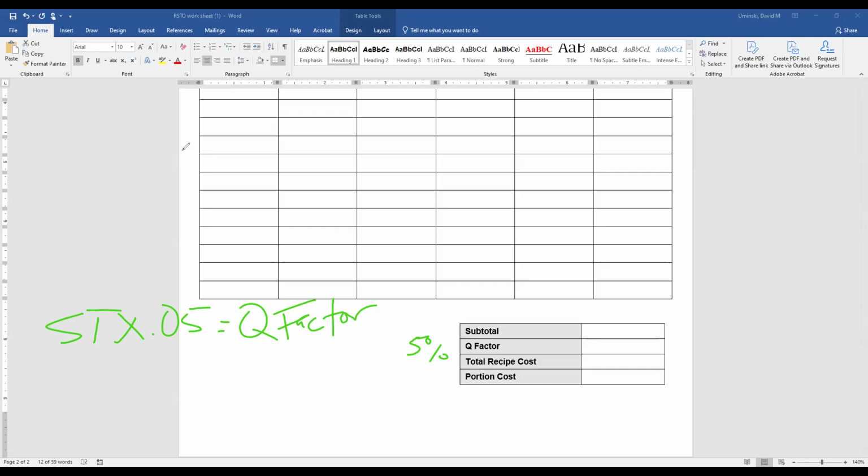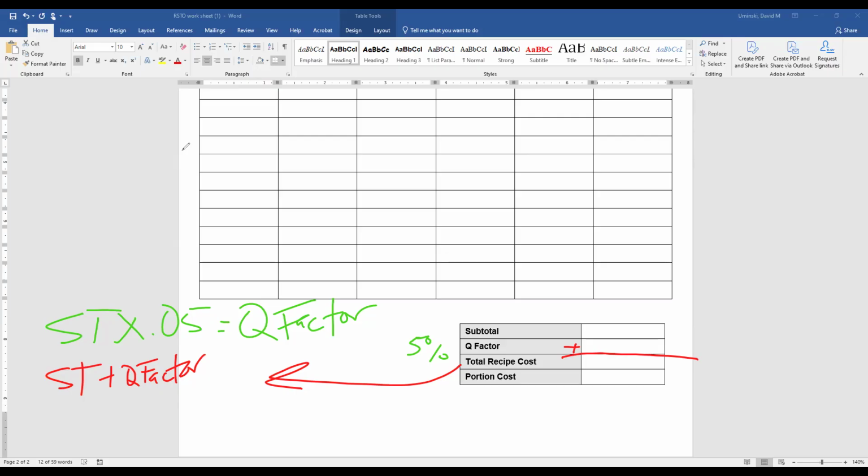And then my total recipe cost is going to be my subtotal plus the Q factor.